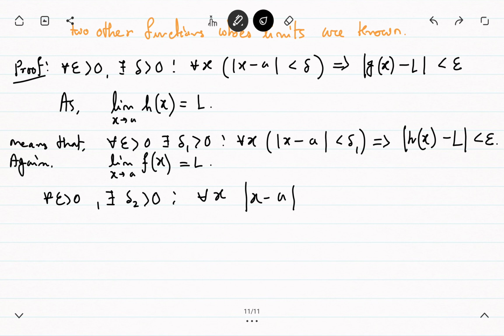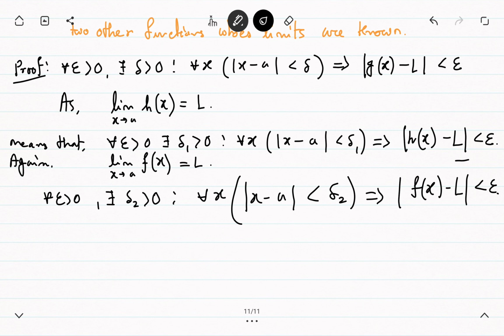So this will be changed for delta 2, which implies this f of x minus l is this. Now this is 1, and this is 2.